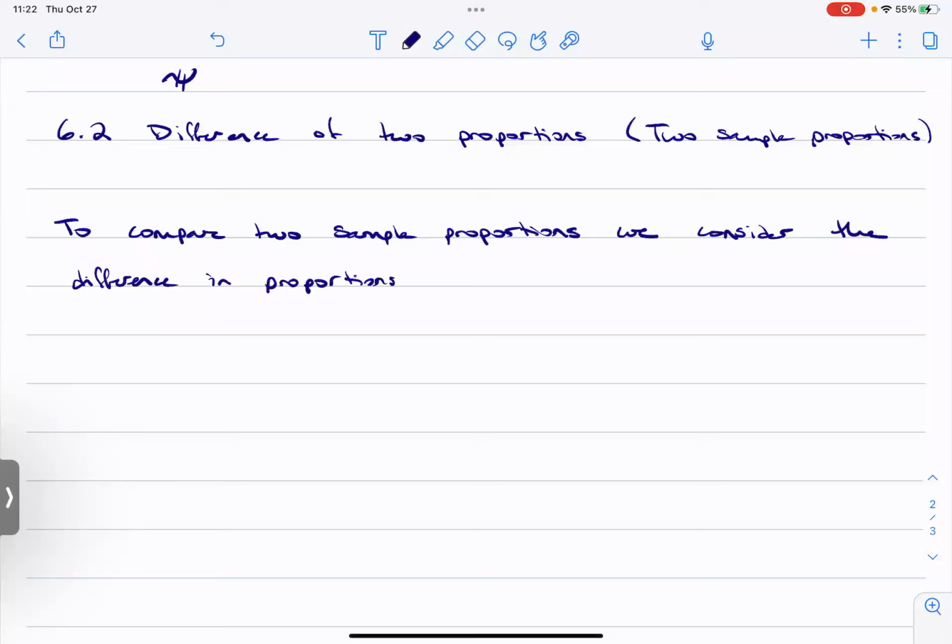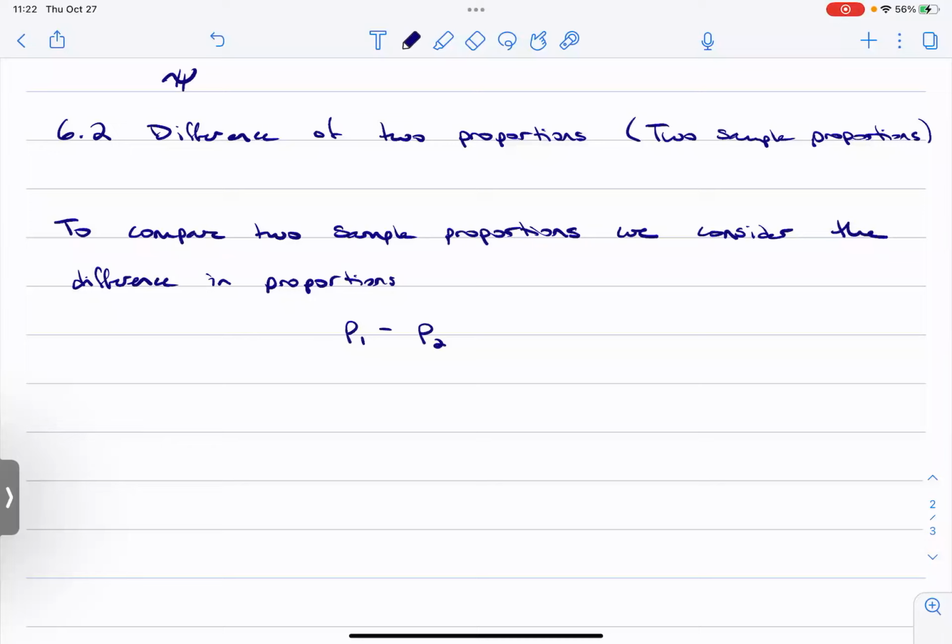Now, because I have two samples, sample one, sample two, population one, population two, then of course I'm going to need to denote that some way, and I do that using subscripts, right? And so really what we're going to look at is P1 minus P2. Population proportion of population one, population proportion of population two. This is what we're going to build confidence intervals to try to capture.